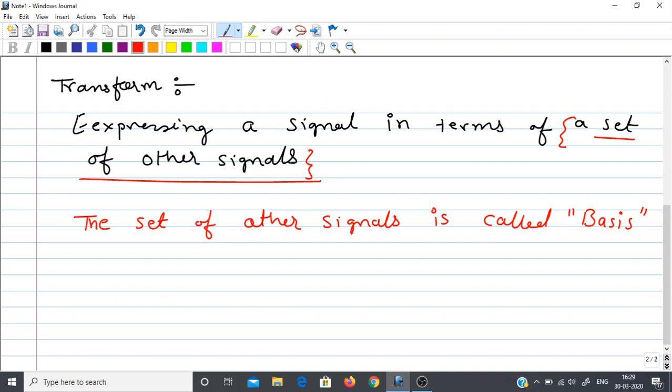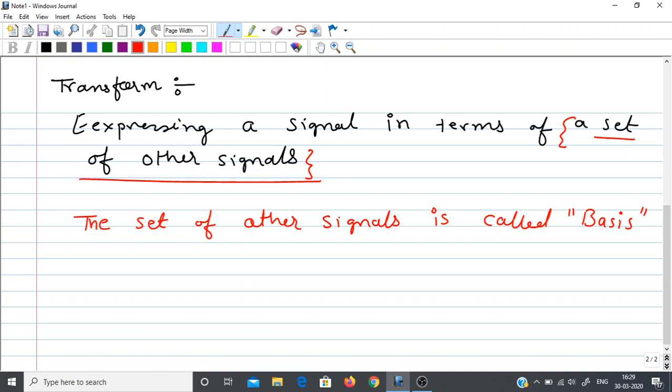If you are working in continuous time domain, then this basis would be a set of continuous time functions. And if you are dealing with a discrete time system, or working in a discrete time domain, then this set of signals or this basis would be a set of discrete time sequences.